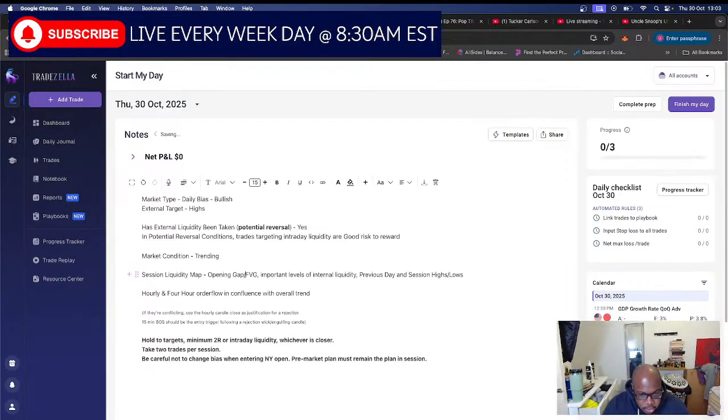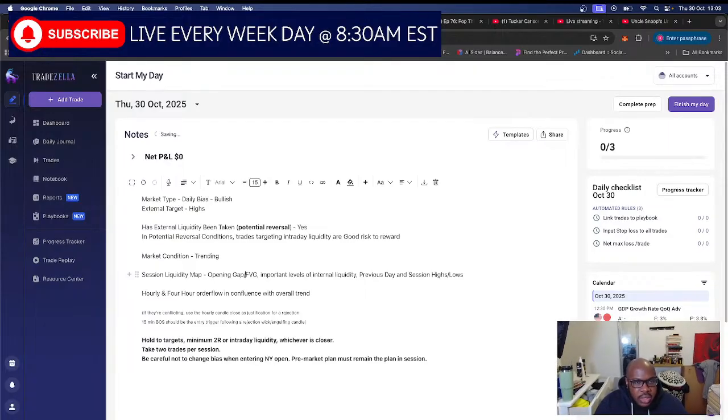If we take a look as well at the hourly chart and the 4-hour chart, whether or not it's in confluence with the overall trend. If we jump onto the 4-hour chart, it is currently printing lower lows and lower highs. We can see that because we were trending higher from here up to here to here to here, until we had this massive candle yesterday during the news, and then we've just made a lower low.